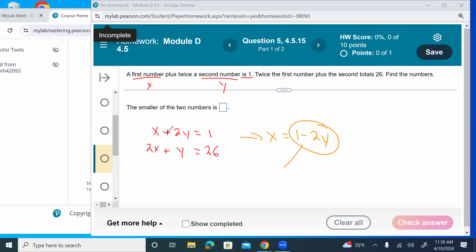Then take that and put it in the other equation. Do substitution, and you'd get 2 times (1 minus 2Y) plus Y equals 26. So that would become 2 minus 4Y plus Y equals 26.